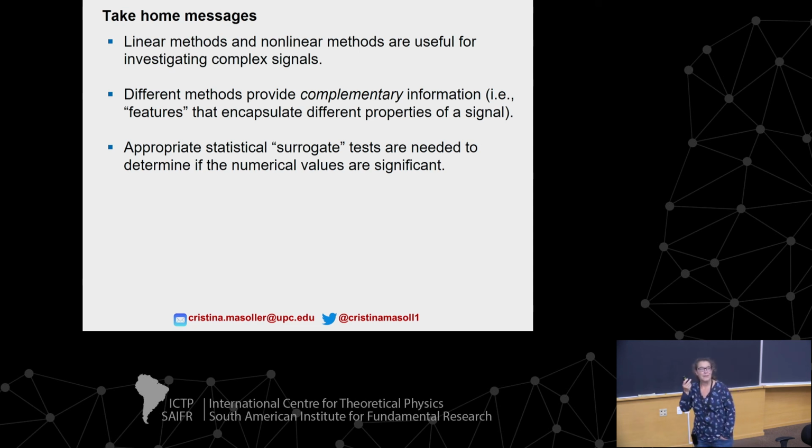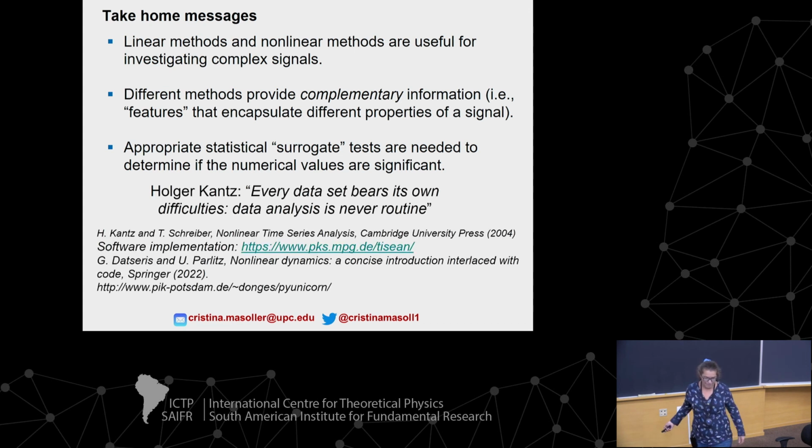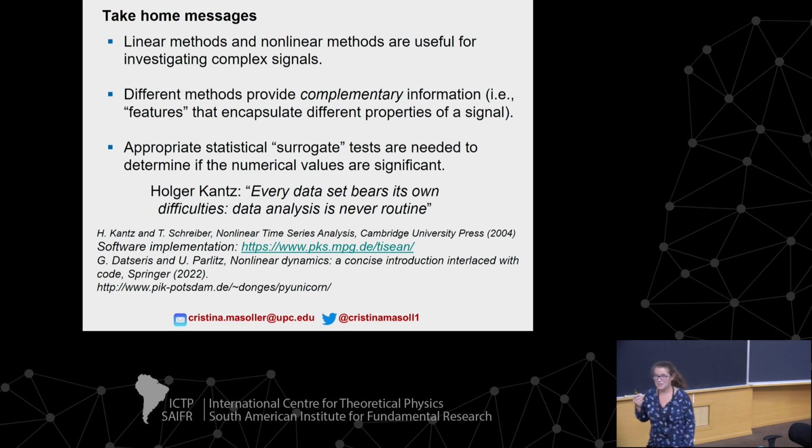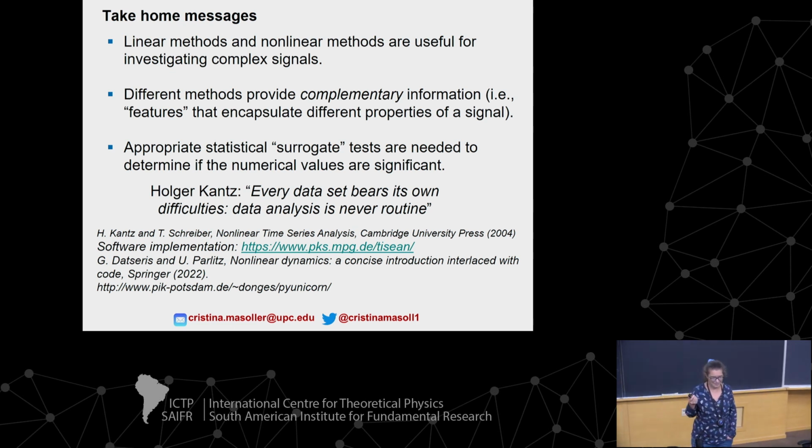So you get these numbers, you need to do some surrogate analysis and filter out whatever is not useful. And Holger Kantz said one thing that I really like: every data set bears its own difficulties and challenges. So it's never routine. You cannot just apply methods blindly and see what you get. Always look at the data first.